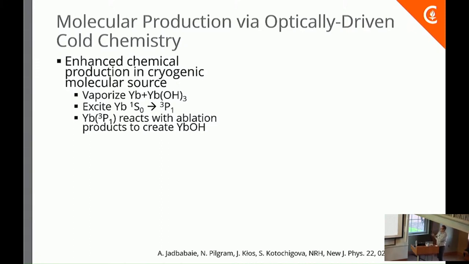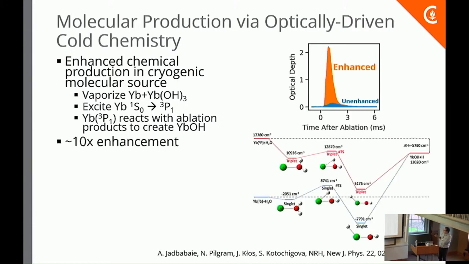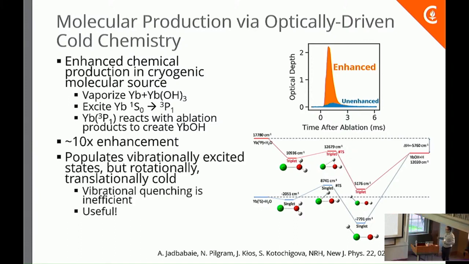If we drive this intercombination line very hard, this ytterbium reacts with ablation products to give us more YbOH. So just by shining in this light, we can get roughly a 10-fold enhancement in our molecule production, because this excited ytterbium metastable state has enough energy to overcome the reaction barrier that the ground state can't overcome to react.